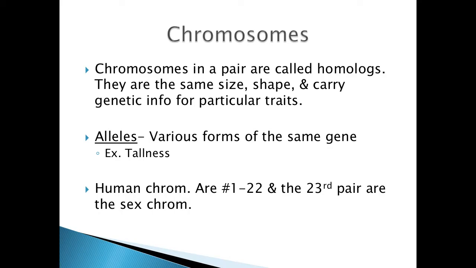Human chromosomes, which I have abbreviated as chromosomes, are numbers 1 through 22, and the 23rd pair are the sex chromosomes.